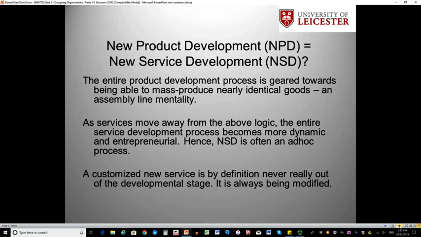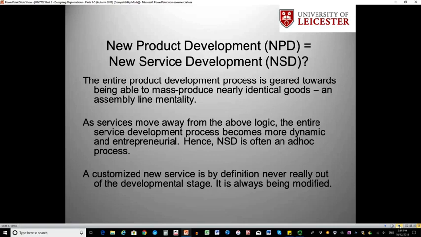And so the evidence that we seem to have, even though there is little academic work relative to the product development process on the new service development process, is that the service development process is much more ad hoc, and that within services there are advantages for the process being more ad hoc.